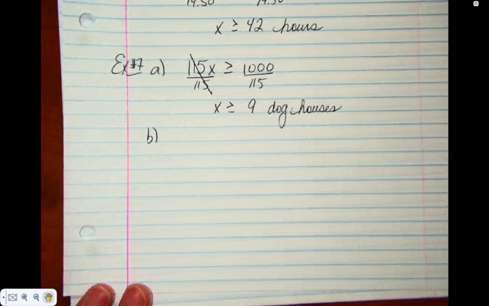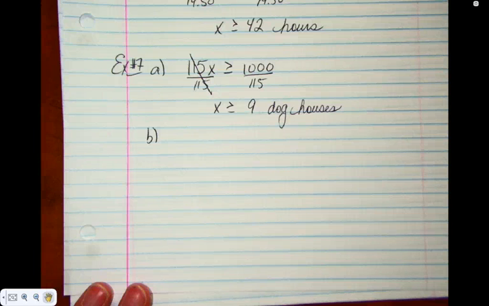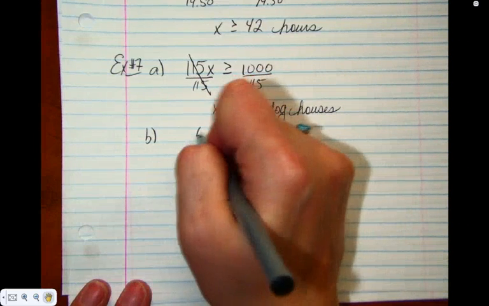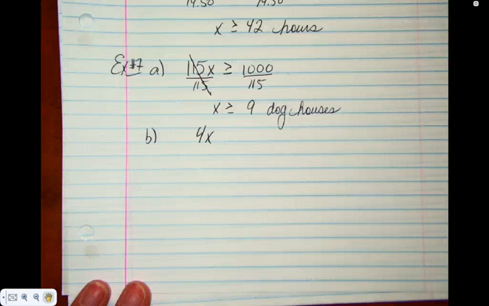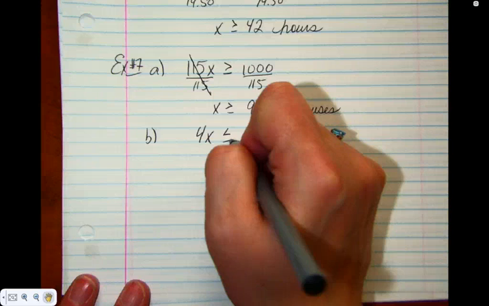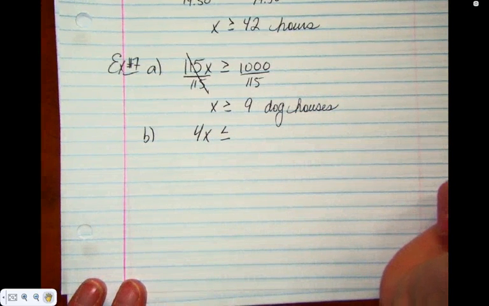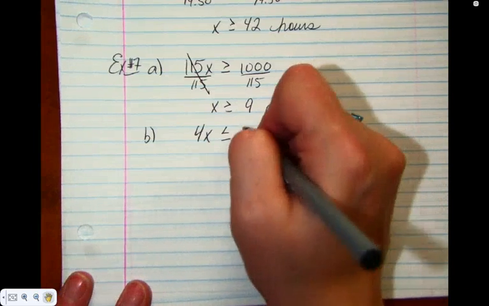Yeah. What about B? That one is less than or equal to. Well, let's figure out the left-hand side first. So this time we're just dealing with the hours, not the money. So 4x is equal to or less than 50. Because no more than, so you can have equal to. Yeah. Okay. I agree with Nick.